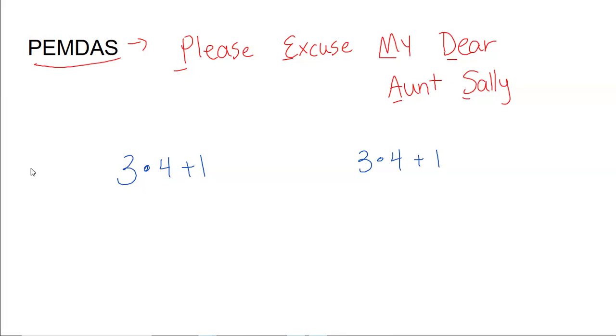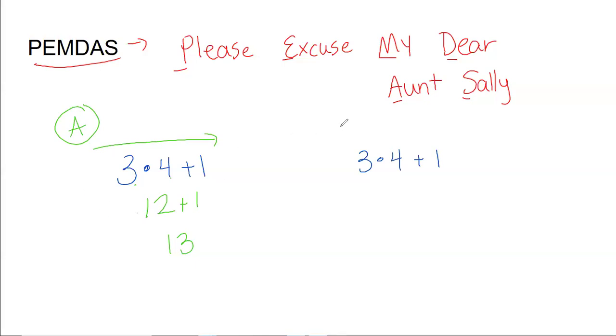So it might seem like you're just going to do it from left to right, like you're reading a book. So looking at this, I'll call this question A. 3 times 4 is 12. 12 plus 1 is 13. And that is actually the right answer for this. It's just a coincidence that it went from left to right. It's fine. Let's do it again.